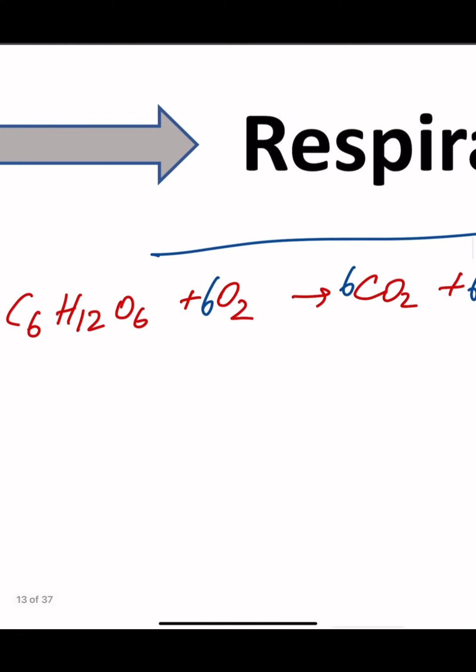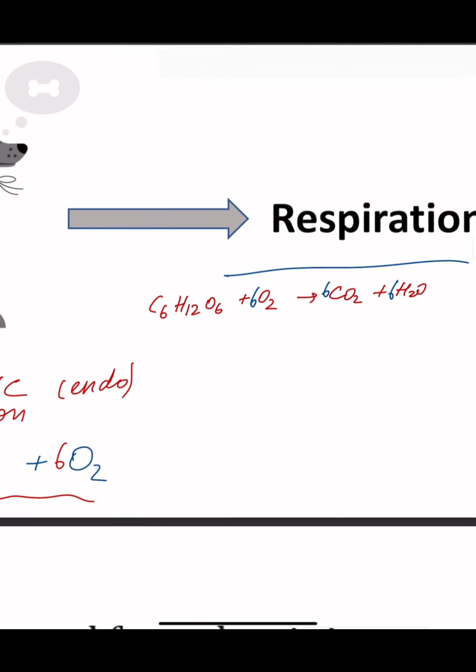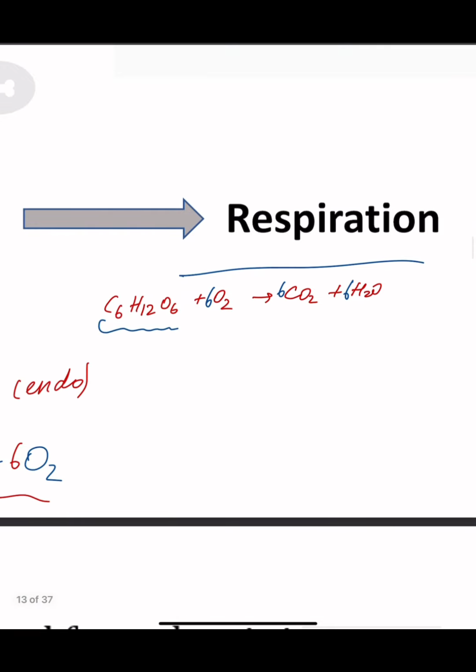This is balanced, and this is the respiration reaction. Because we broke down a complex structure such as glucose, this is a catabolic reaction. Catabolic reaction releases energy. That's why it is exothermic. So energy is released here.